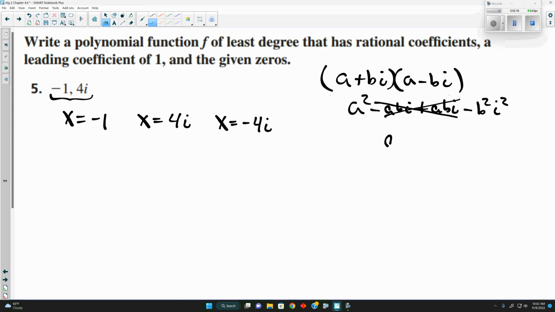Well, the middle terms cancel. i squared is -1, which just gives us a squared plus b squared. All the i terms cancel. And that's why we need it.